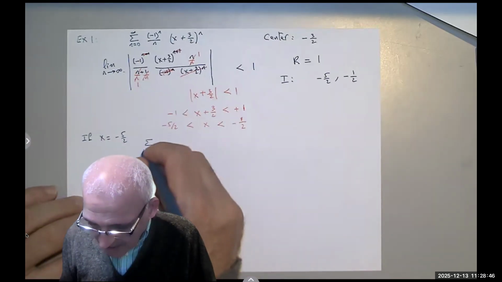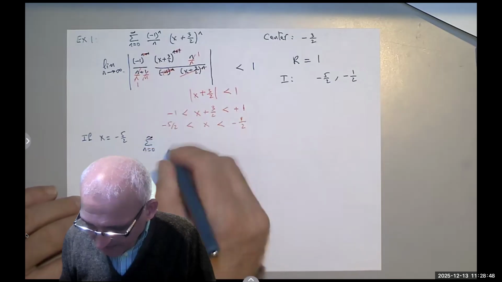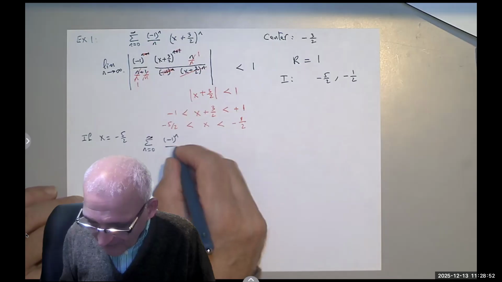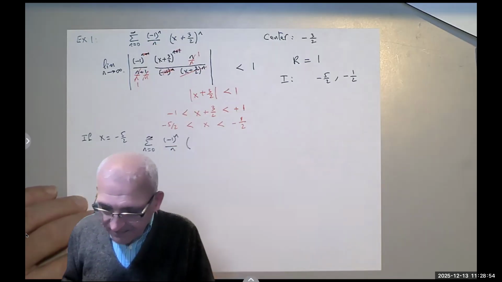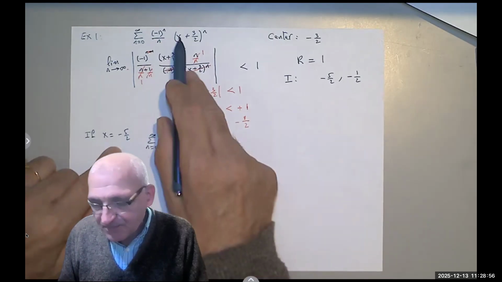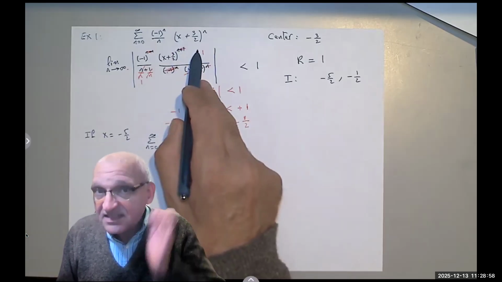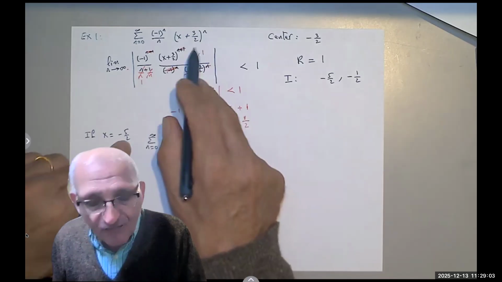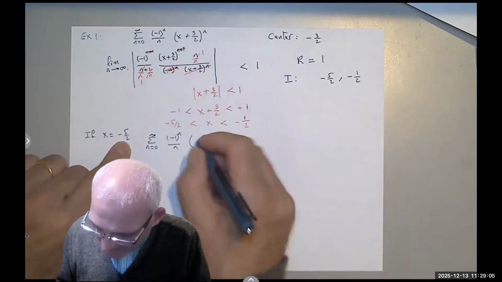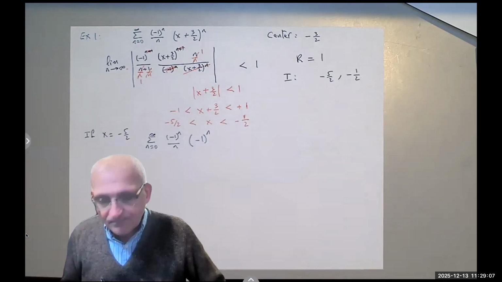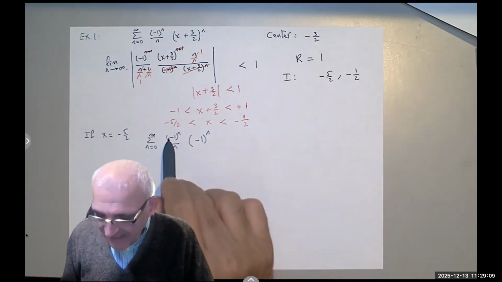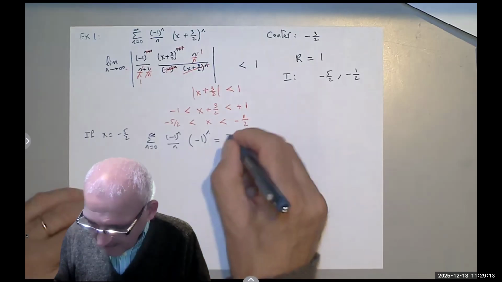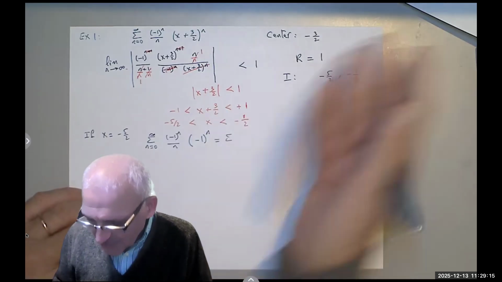The summation n going from 0 to infinity of -1 to the n over n times -5/2 plus 3/2, which is -1. So times -1 to the n. I have -1 to the n times negative 1 to the n, which is 1 to the n, right? And 1 to the n is 1.